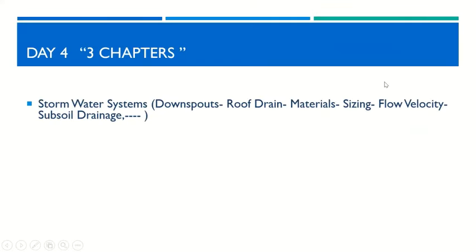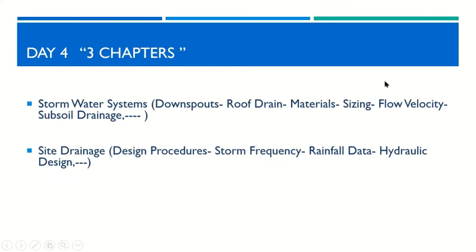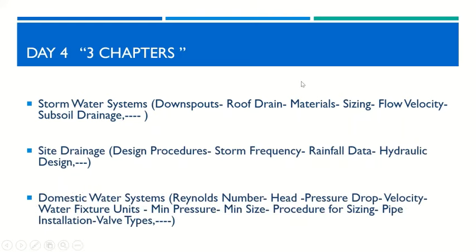In day 4, we have 3 chapters. Stormwater system, talk about downspout, roof drain, material types, sizing, velocity of flow in stormwater, subsoil drainage.